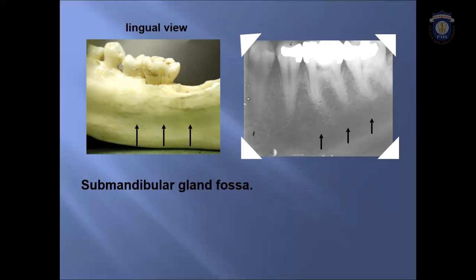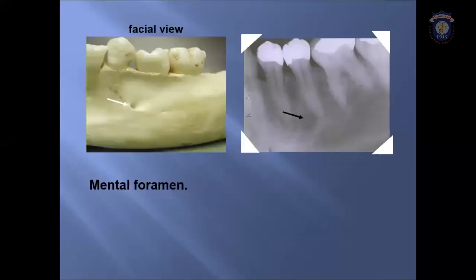That region is the submandibular gland fossa. Here the black and white arrows show the submandibular gland fossa. The white arrows again show the mental foramen, seen as an oval-shaped radiolucency in the periapical region of the mandibular premolars.